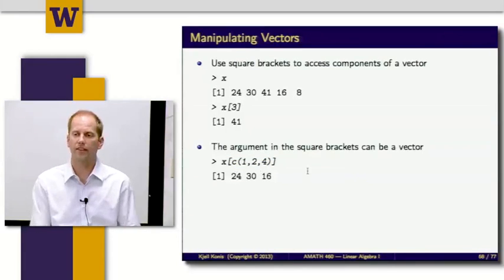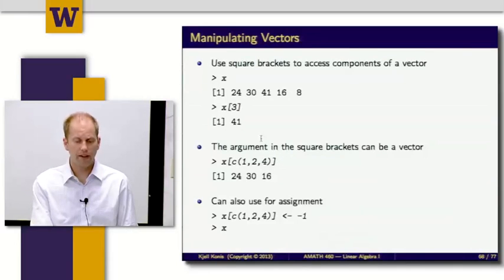So I can get a subset of the elements out by giving a vector argument to the square brackets. And then I can also use this subsetting for assignment. Suppose I have my vector x, and I want to replace the first, second, and fourth elements with -1.